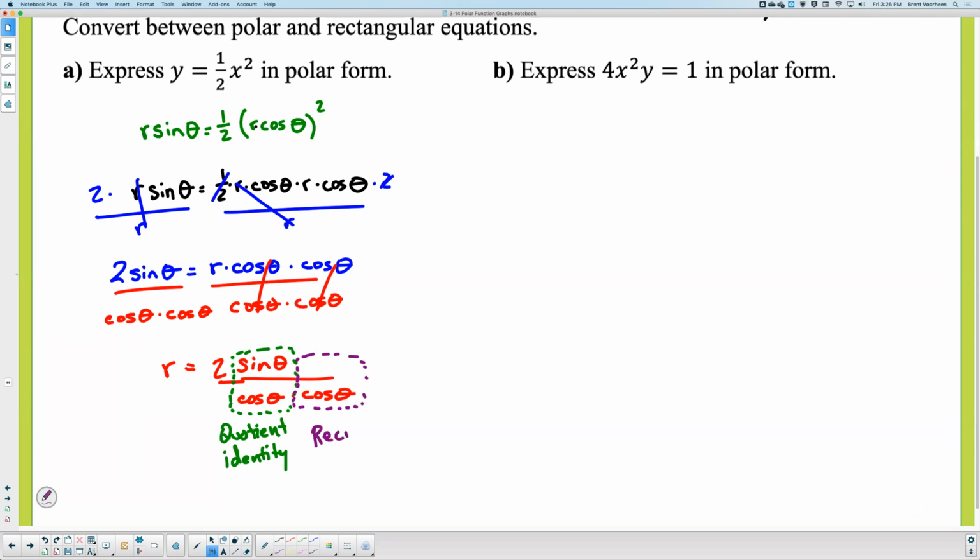That's a reciprocal identity. And so I can change this equation to be r equals 2 times the tangent theta times secant theta. And that would be my answer right there.